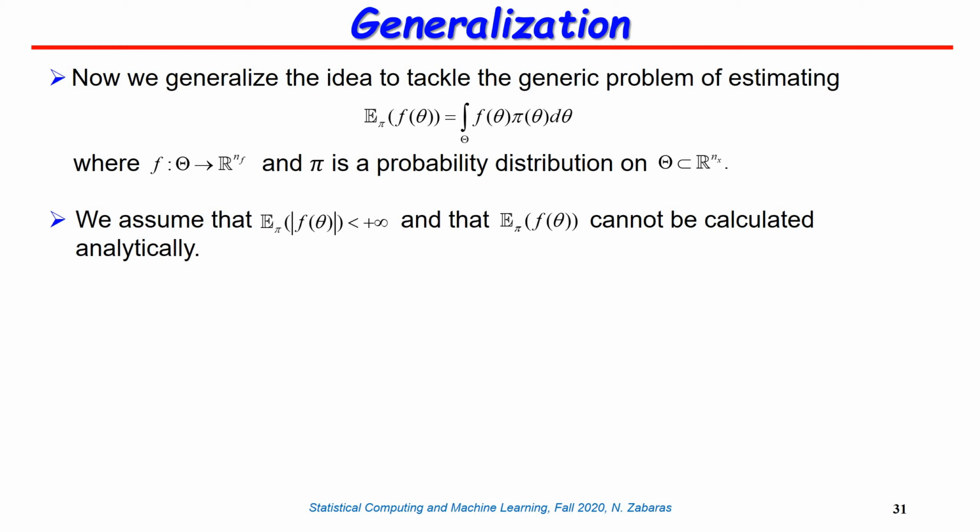What you can do is take n samples from the distribution pi of theta, and then use the empirical mean of f computed at each of the theta i's, and that, according to the law of large numbers, will give you an approximation of the integral that you see here. All of this is again with the assumption that this integral is finite.